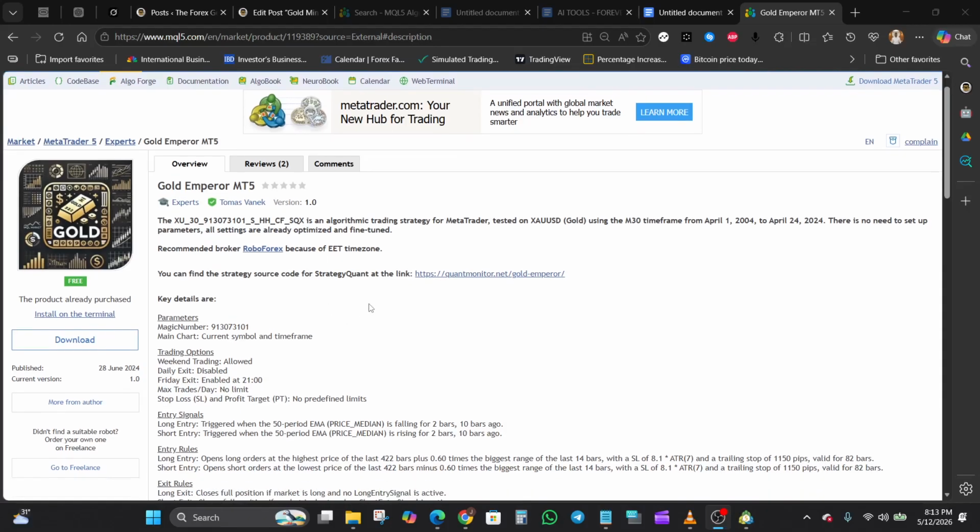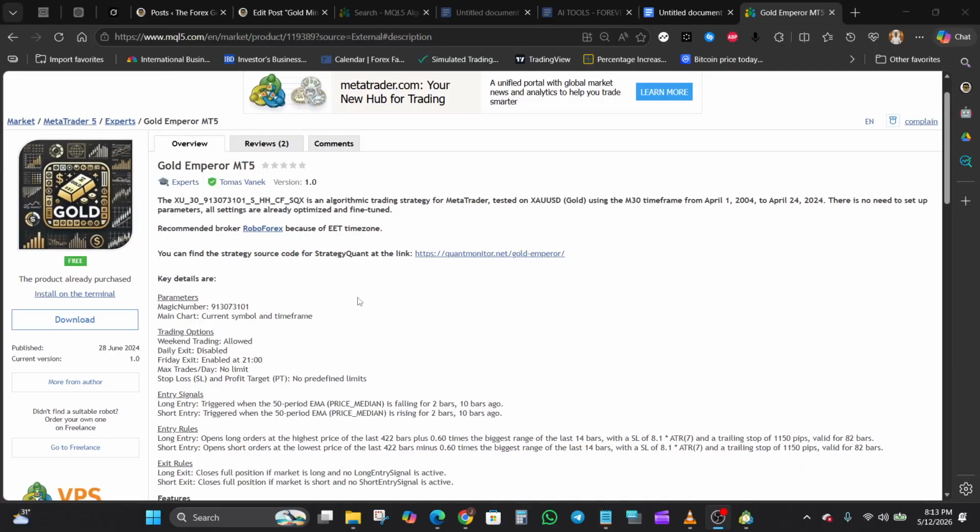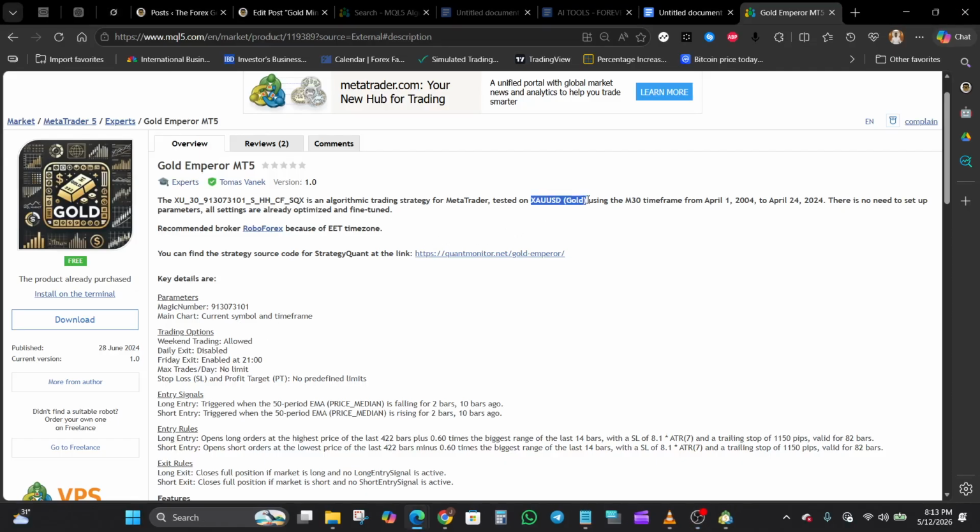Right away on the marketplace page, the EA is presented as an algorithmic trading strategy designed specifically around XAUUSD. So gold is clearly the primary focus here.